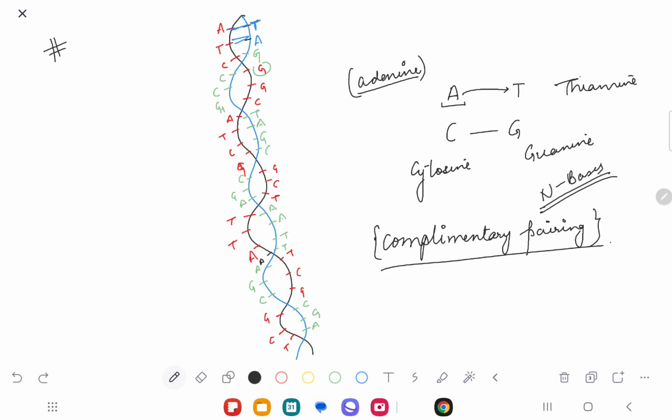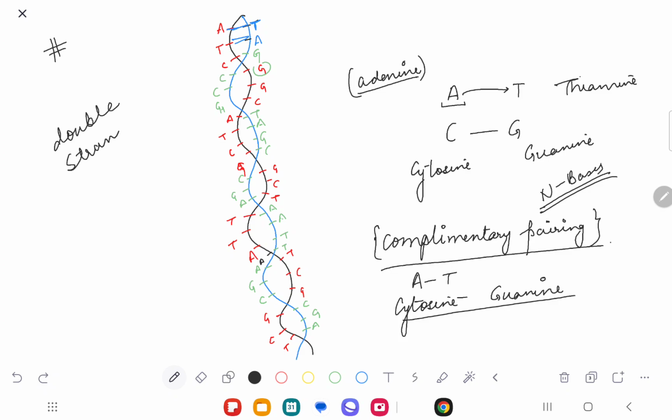Adenine shall always combine with thymine, and cytosine shall always combine with guanine. That's the complementary pairing, which holds the two strands together, thereby making this double-stranded chromosome, double-stranded chromatid material.